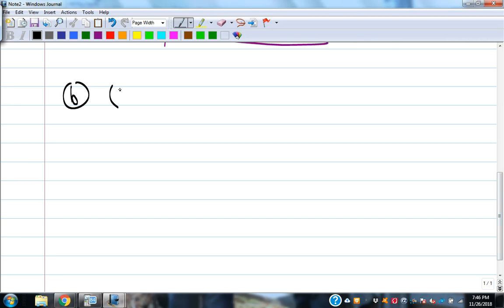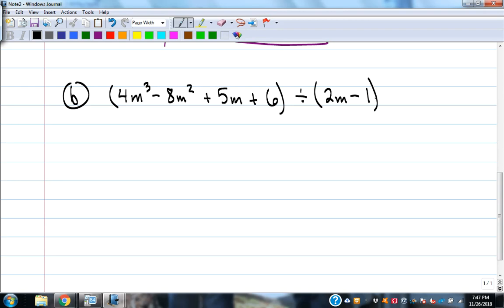Taking 4m to the third minus 8m to the second plus 5m plus 6, divided by 2m minus 1. Okay. So we're going to set it up for long division.